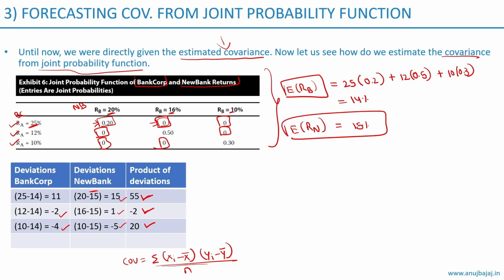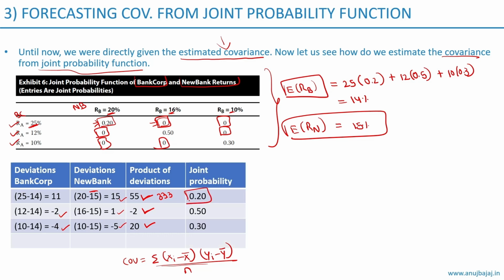So in this case, if we divide the sum of all the deviations by 3, then we are implicitly assuming that there is a 33.3% chance of the deviation being 55 and a 33.3% chance of the deviation being -2 and so on. But that's not the case over here.